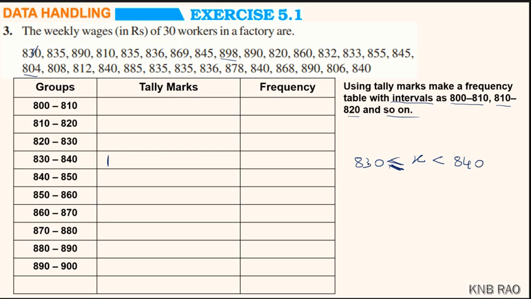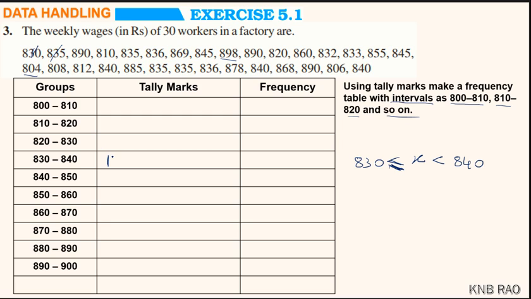How do we read it? 830 less than or equal to an observation x less than 840. So we had a convention already learnt. So 830 falls under the 830 to 840 class interval.